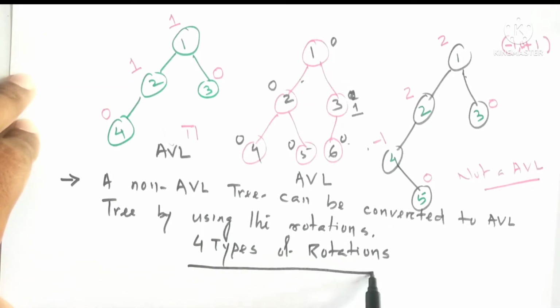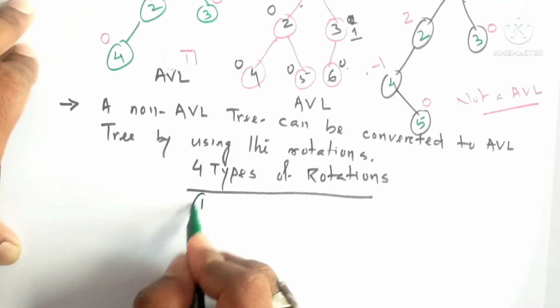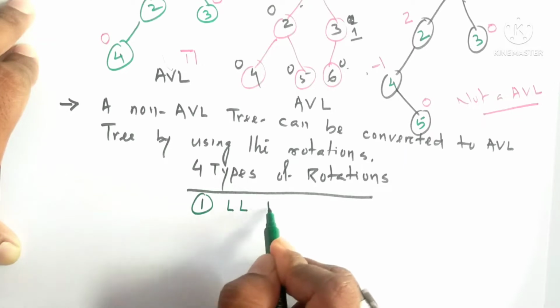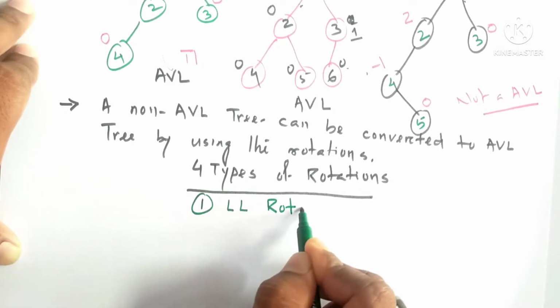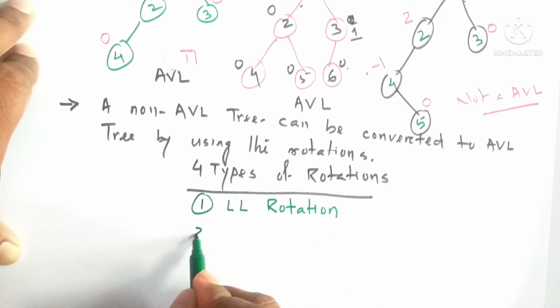The first one is called LL rotation. The second type is called RR rotation.